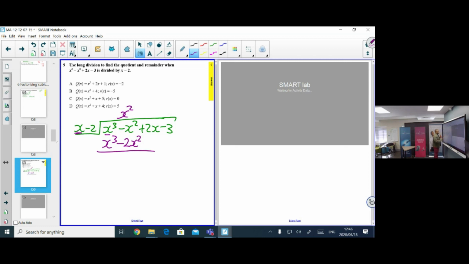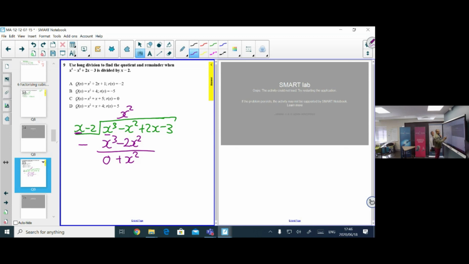Then when you subtract this, you are going to get 0 for this one, and then you are going to get plus x squared on this one, because you're actually subtracting, so minus minus will be positive.